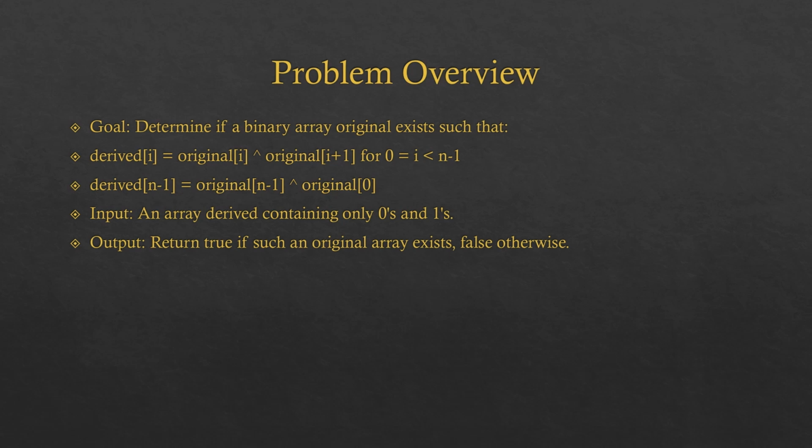For the last element, derived[n-1] must equal the XOR of original[n-1] and original[0]. The input is a binary array derived containing only zeros and ones, and our task is to return true if such an original array exists and false otherwise.